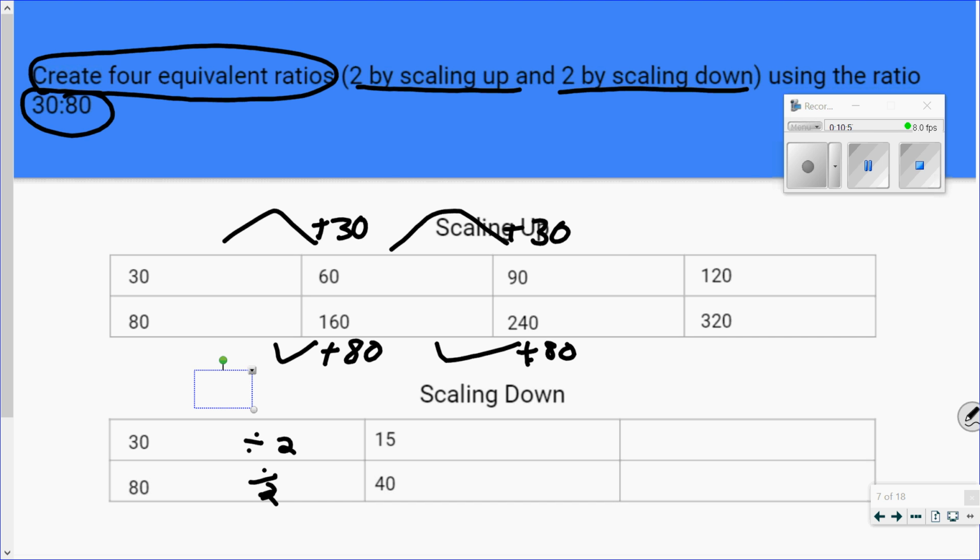Divided by 5. There you go. This thing doesn't want to work. There we go. So this is going to give us 3 to 8. And now you can't go any further than that, so that's simplest form, right? Yes.